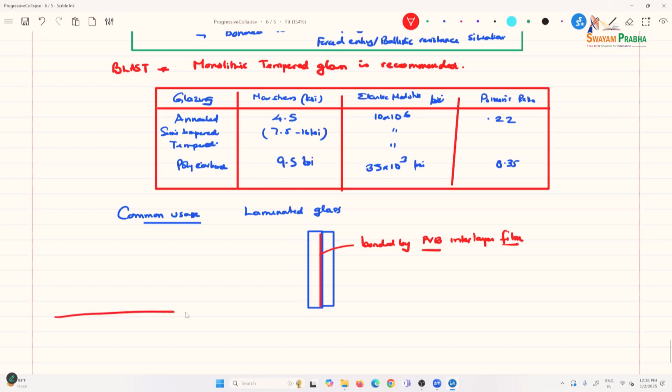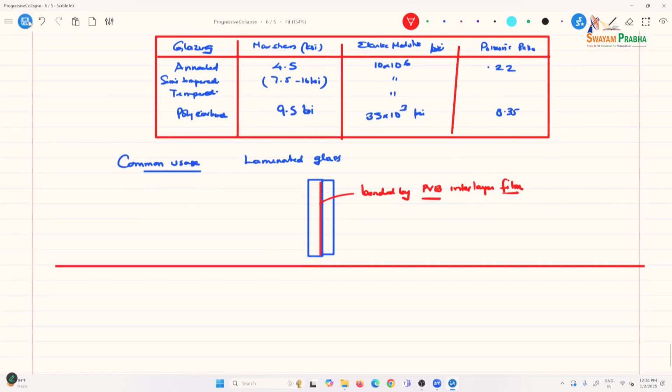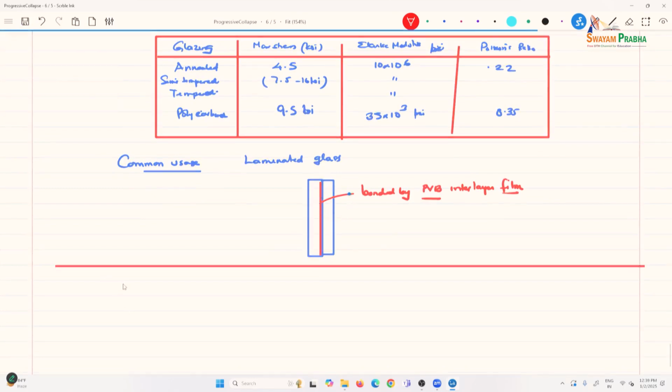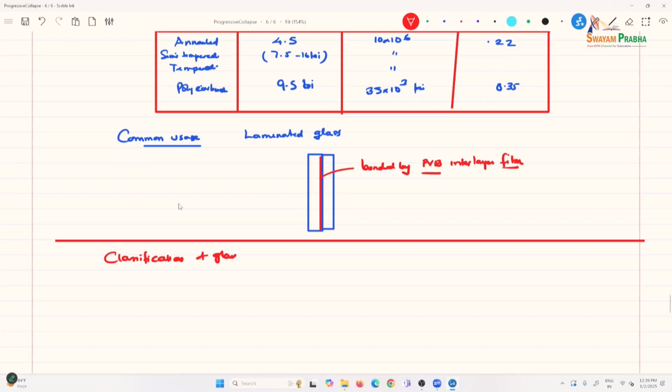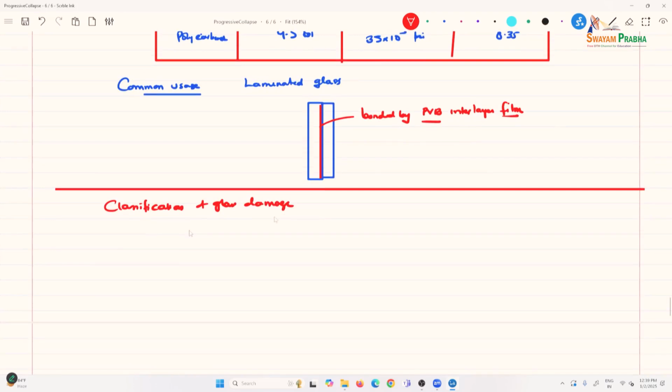We classify glass damage. Methodologies have been developed.